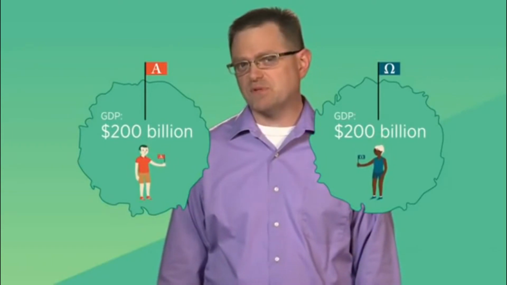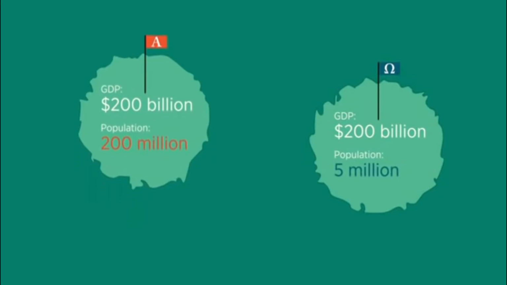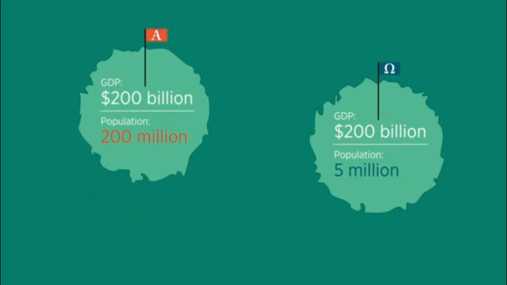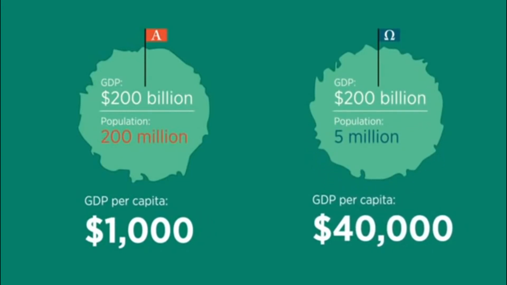One might assume that the citizens of Alpha and Omega have similar standard of living because their countries have comparable GDPs. But what if Alpha has a population of 200 million people and Omega has a population of 5 million people? Because Alpha's GDP is divided among a much larger population, each person's share is much smaller. In this case, Alpha's GDP per capita is $1,000, while Omega's is $40,000.